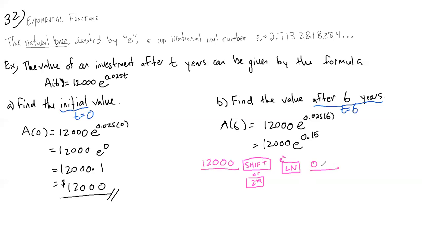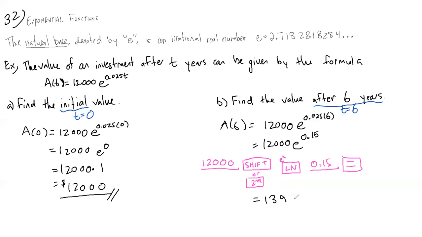I'll type in my 0.15, and then if I hit equals, that should be how we punch this in: e to the 0.15. Notice I didn't have to write times because the calculator, just like the way we write this out, will assume that if I don't write anything between two different objects, it's multiplication.